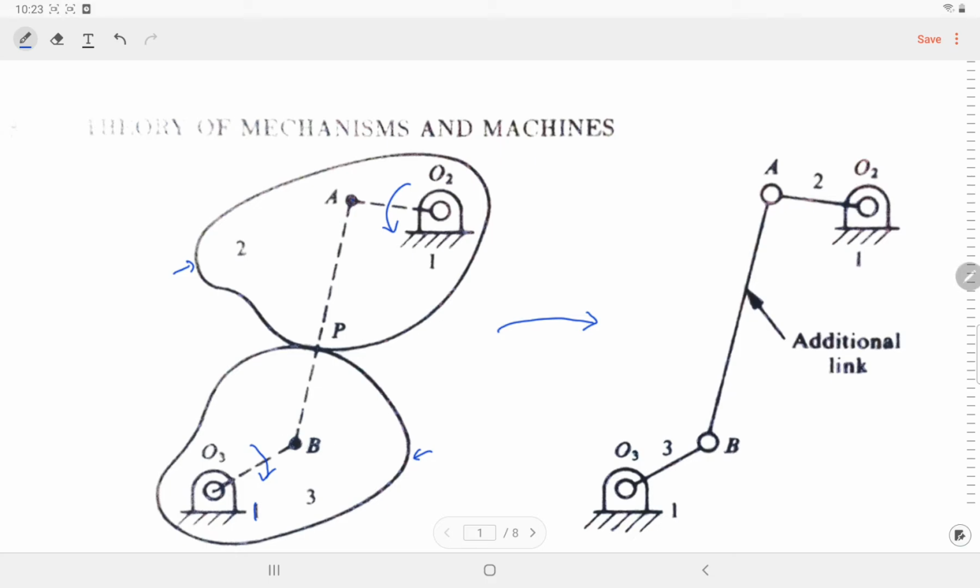If we sit on link 3 and observe the contact point of link 2 on link 3, which is the point P, it will trace this particular path on the surface of link 3, which means that particular point is moving like this.